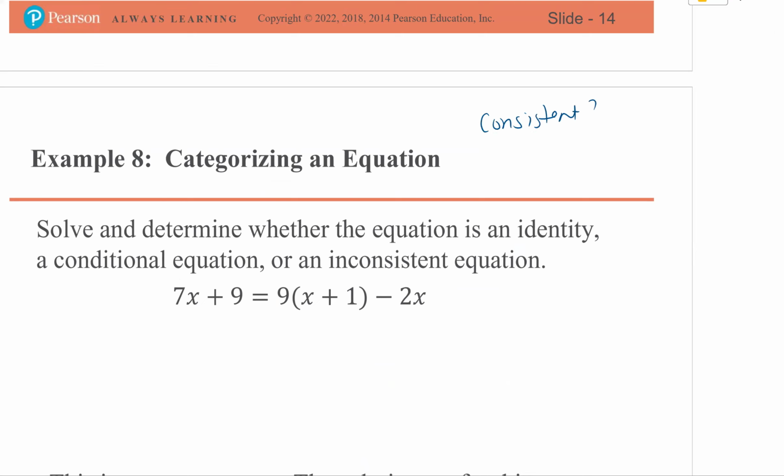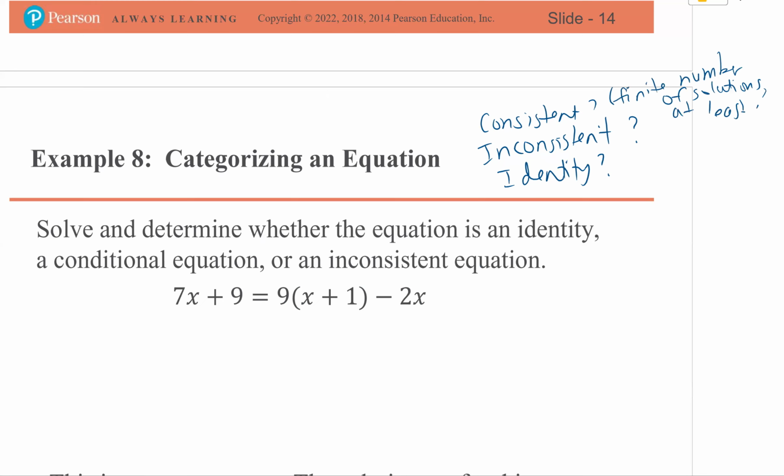Consistent, inconsistent, I think I'm spelling this right, or identity. Because like we said, consistent means a finite number of solutions, but at least one. So you've got to have one or more solutions.